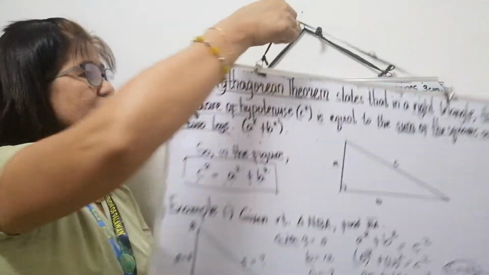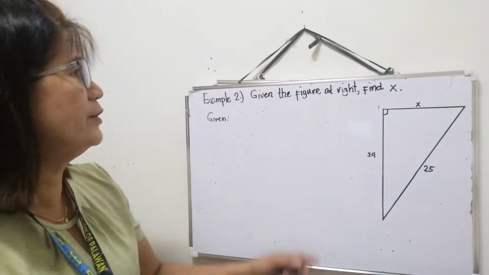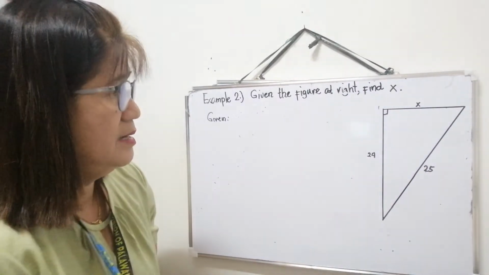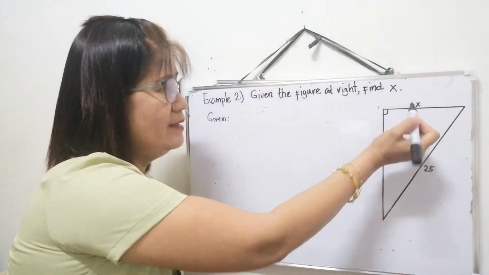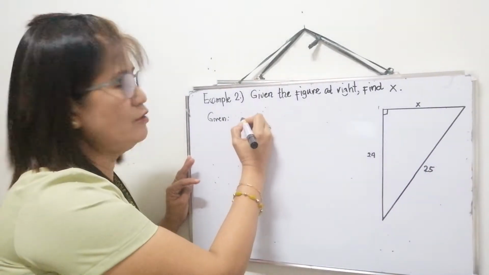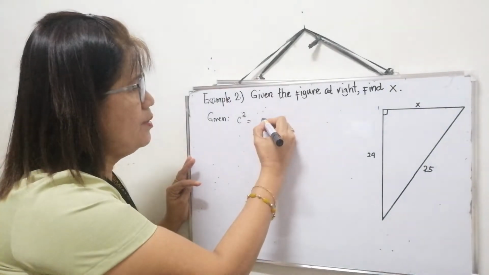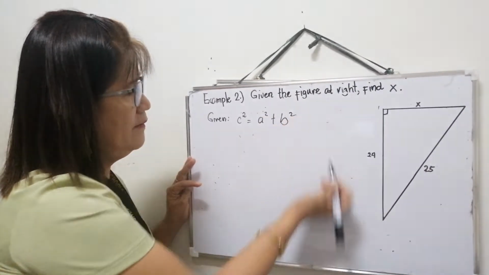Okay, let's have another example here. In the figure, our shorter leg is unknown. So, kung susundan natin yung formula na C squared is equal to A squared plus B squared.